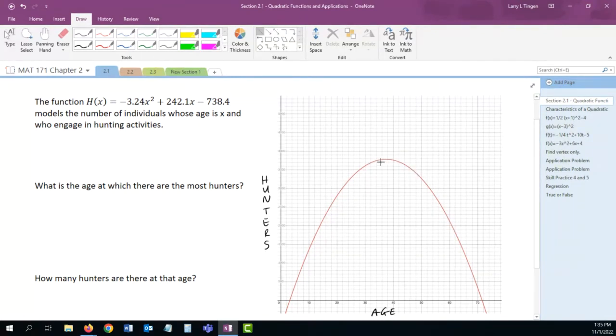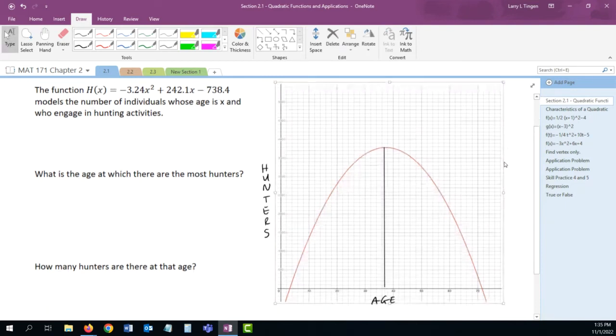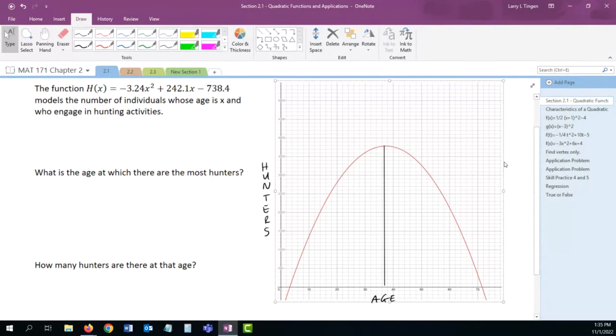I'm going to come up here to the top of this parabola, and it looks like around there. Does that look like the vertex of the parabola? Pretty close. Maybe it's one line over.